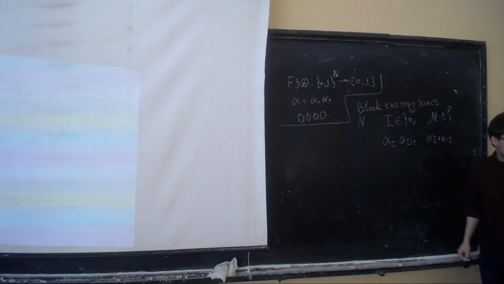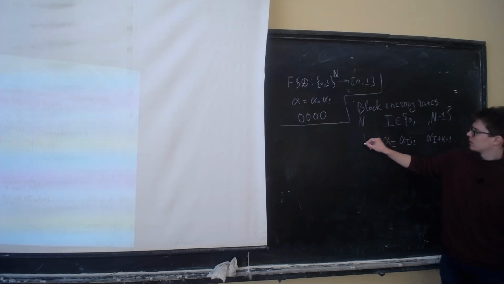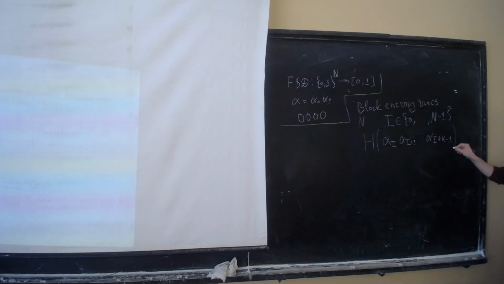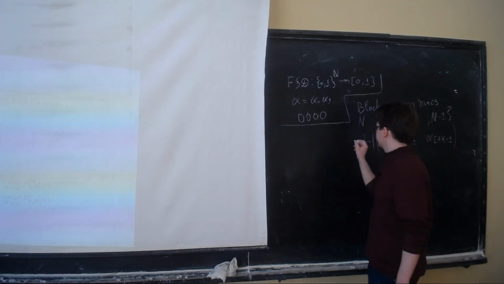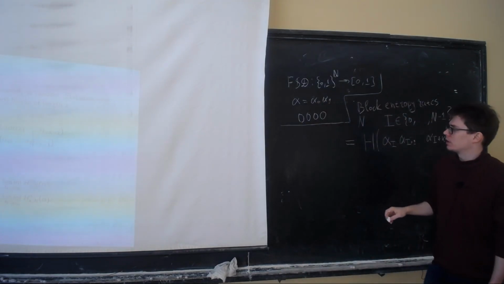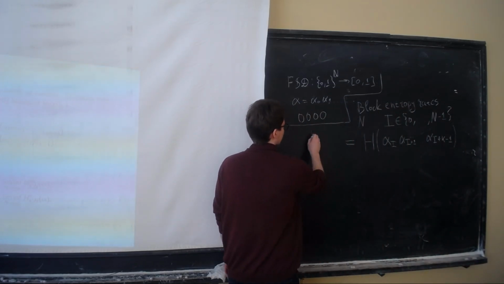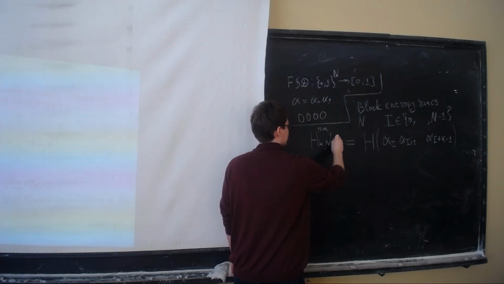And we can consider the entropy of this random variable. This is what we denote by H, capital N, of alpha.